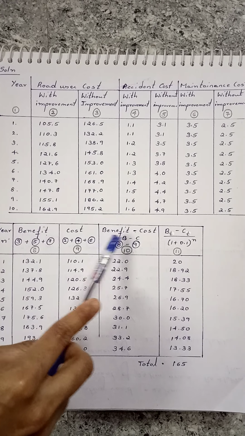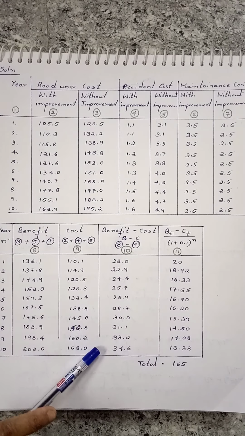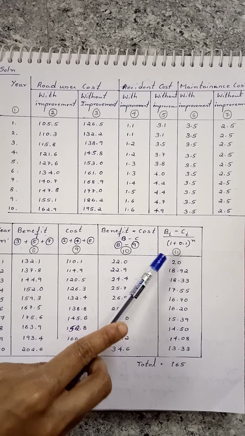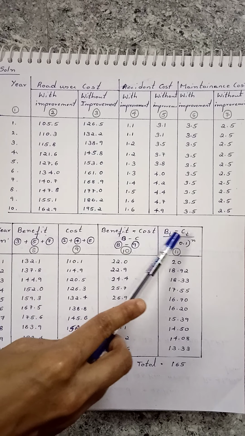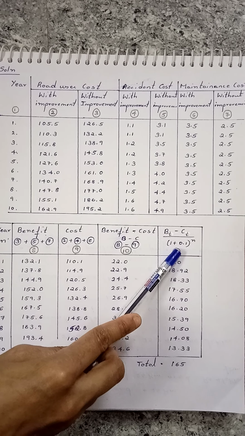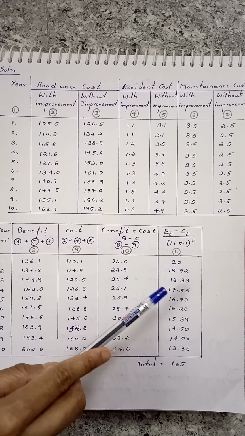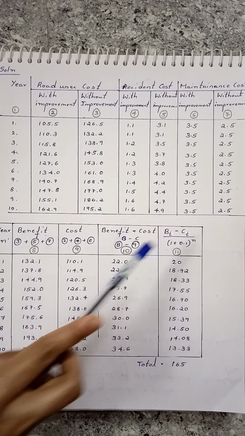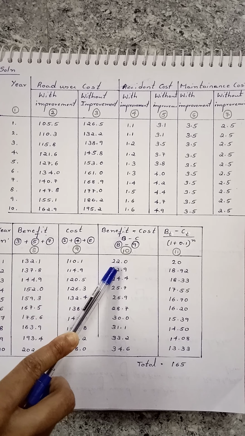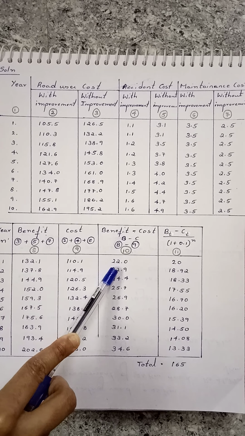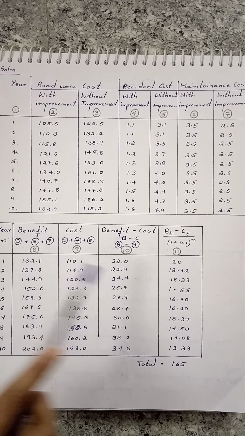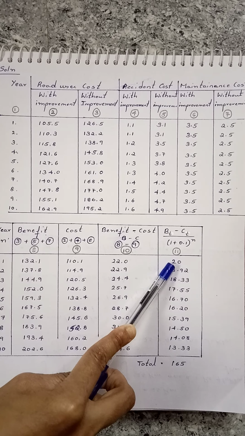Once you have done benefit minus cost for all the n number of years, the last column is the NPV formula, (Bt minus Ct) divided by (1 plus 0.1) whole raised to n. So Bt minus Ct you have calculated, that is 22.0, divided by 1 plus 0.1 with n equal to 1, and you will get it as 20.